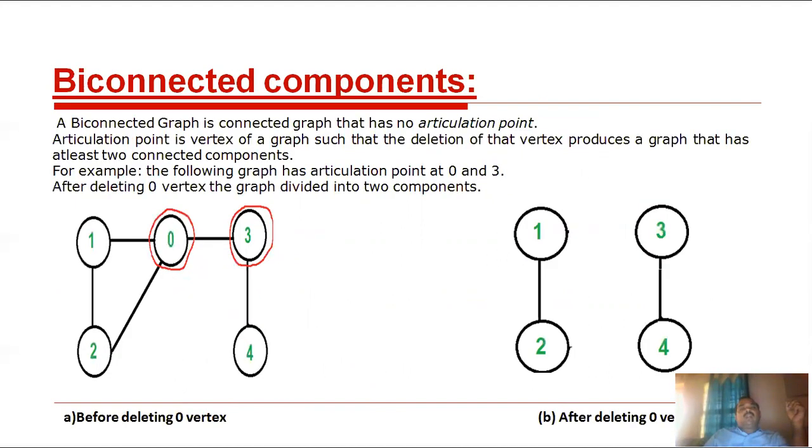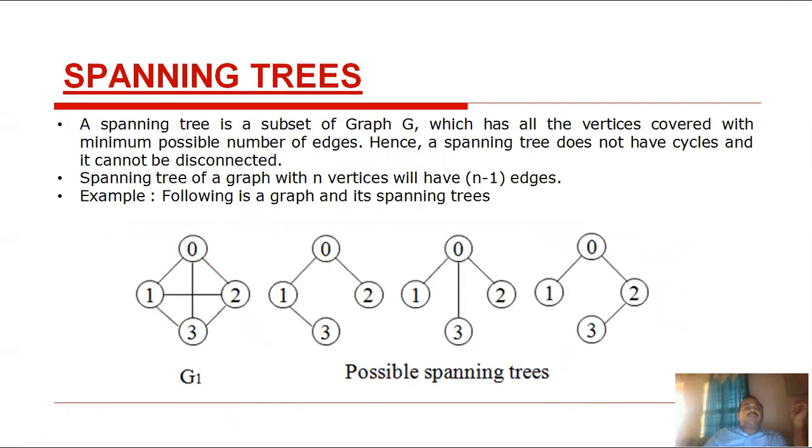Simply, connected components. Then here it is divided: if you remove 0, then 0 and 3 are divided into two graphs, called bi-connected graphs. Bi means 2; the graph divides into two parts.